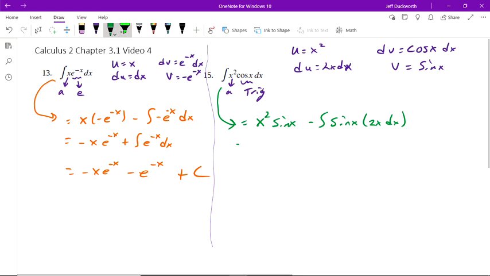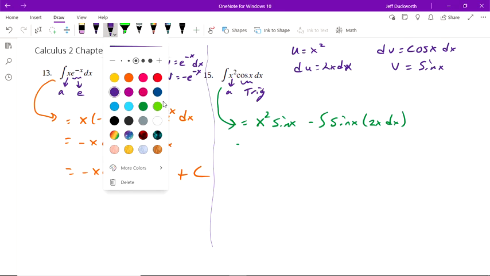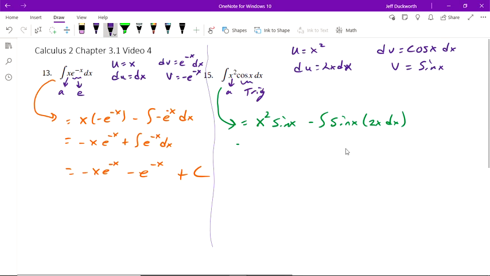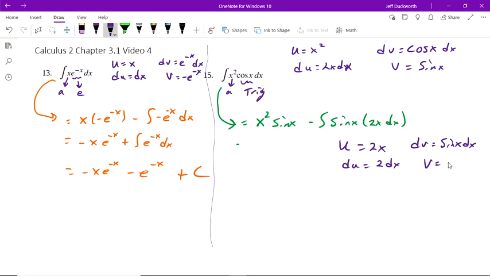So let's do that. We're going to let u equal 2x, du equaling 2 dx, dv equals sine of x dx, and v, the integral of sine of x, is negative cosine of x.